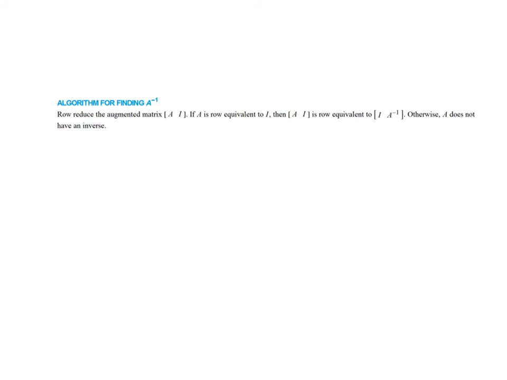If we augment our matrix A with the identity I, those same row operations that reduce A to the identity simultaneously change the identity into A inverse. So we take that A augmented with the identity I and produce that as a result. And if I don't get the identity on the left-hand side, then A doesn't have an inverse.